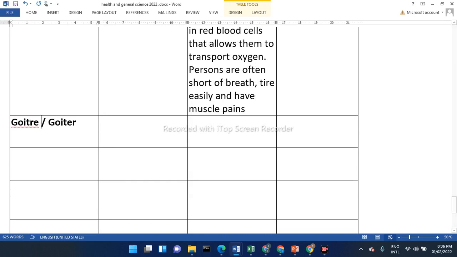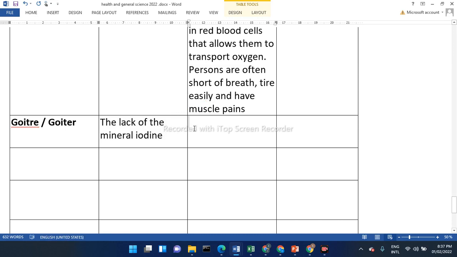Very good. The lack of iodine, the mineral iodine, affects the thyroid gland.